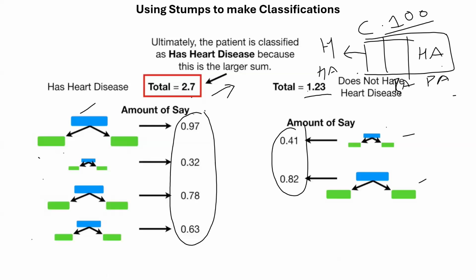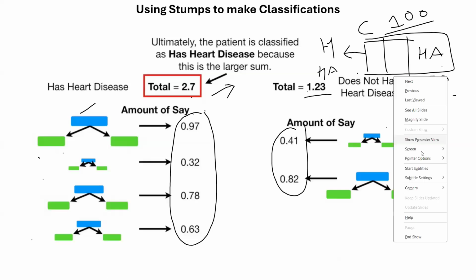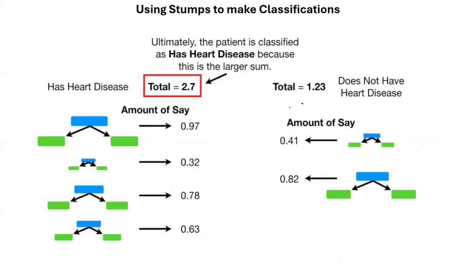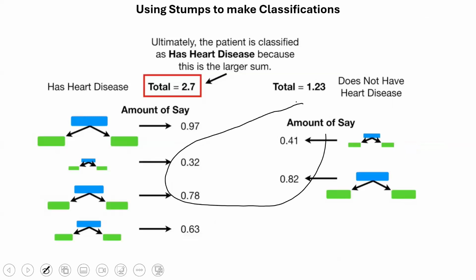Let's take the other case, just for example. Suppose all these stumps said the patients do not have heart disease, and these two stumps said the patient has heart disease. Now the summation of the amount of says of the stumps which said heart disease is 0.73.